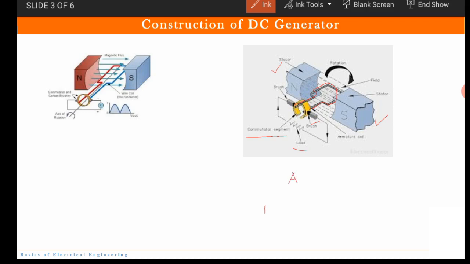So now you have two terms, armature and field magnets.